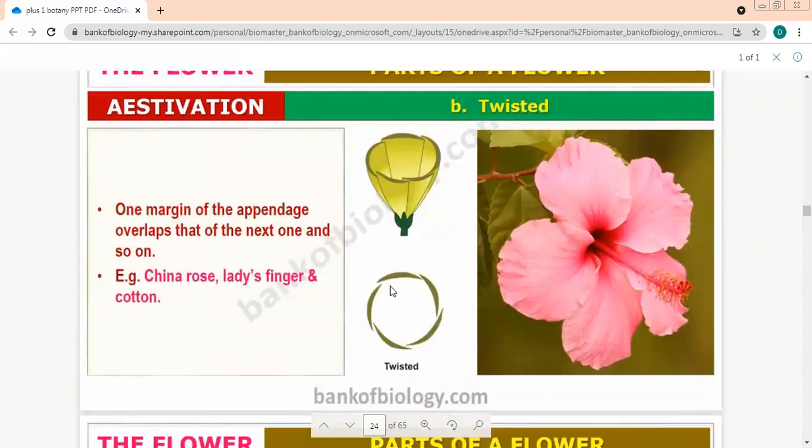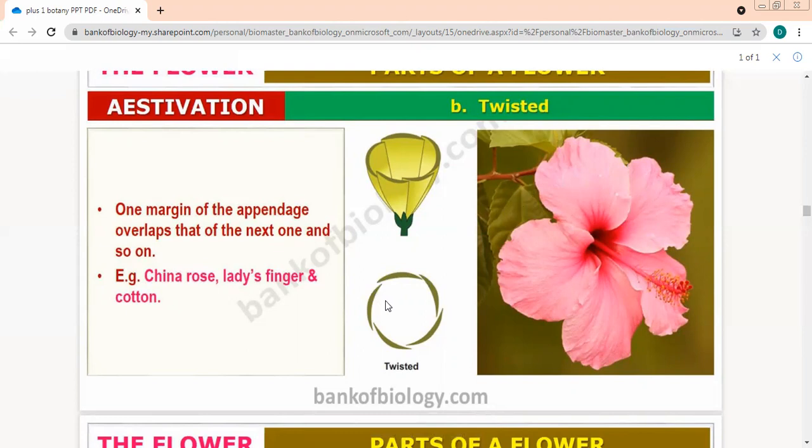Look, children. One margin of the appendage overlaps that of the next one, and so on. Here it will be clearer. This margin is overlapping this one, but this one is not. Similarly in this petal, look carefully: this margin overlaps this one, but not on the other side. One side is overlapping, the other is not.